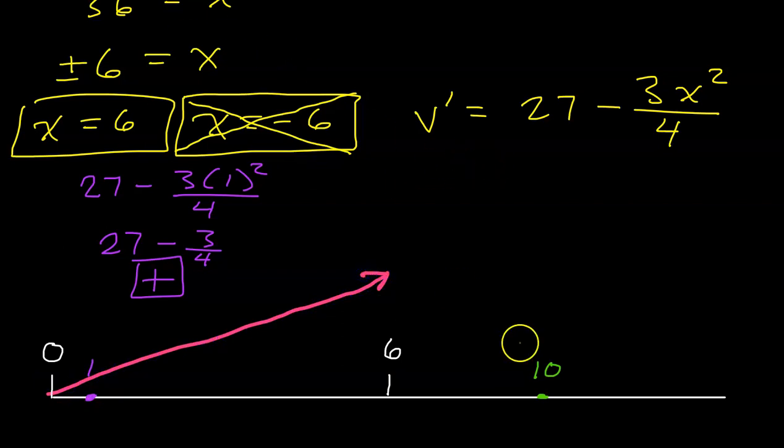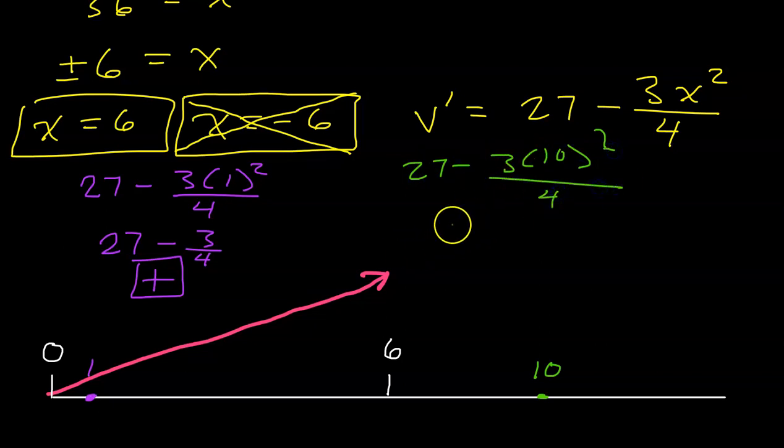Now, looking at the second interval, we will have 27 minus 3 times 10 squared divided by 4. So that's going to be 27 minus, 10 squared is 100. So this is going to be 3/4 of 100. And so that's going to be 75, right? 3/4 of 100 is 75.